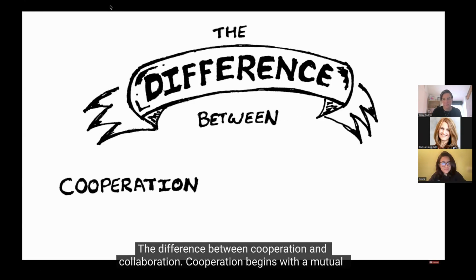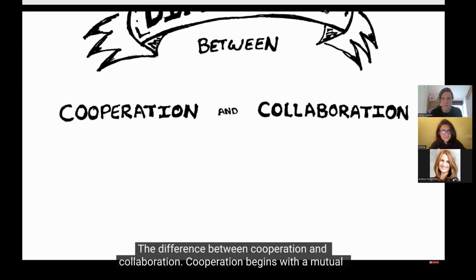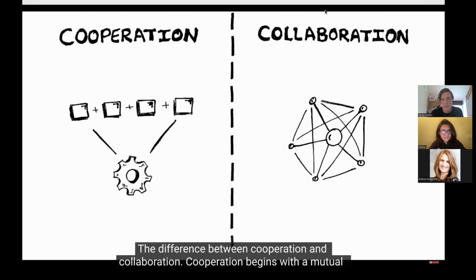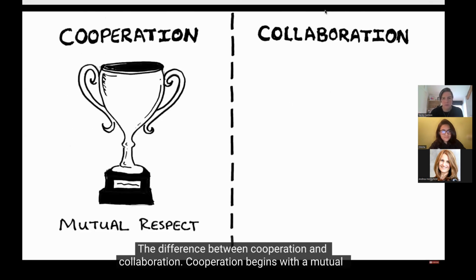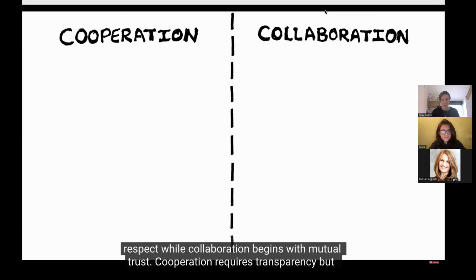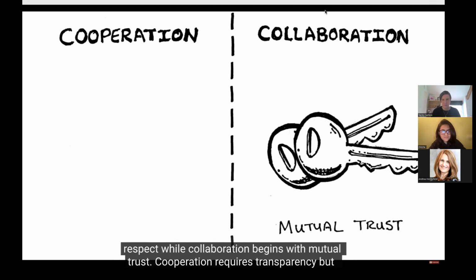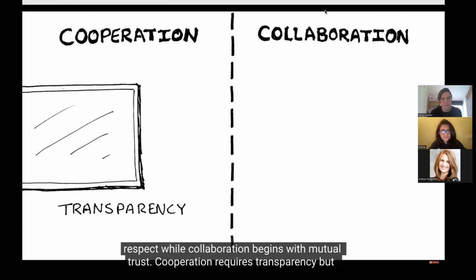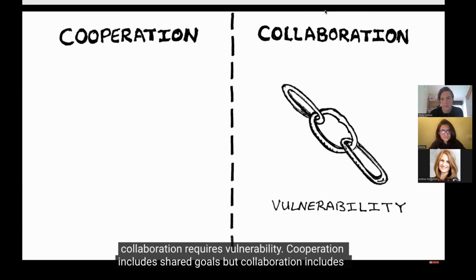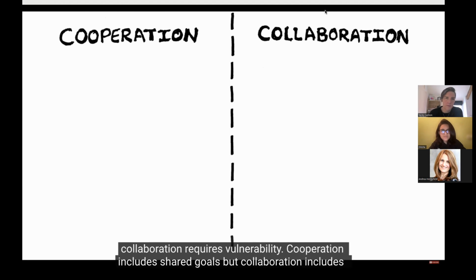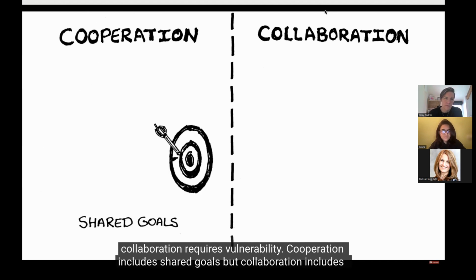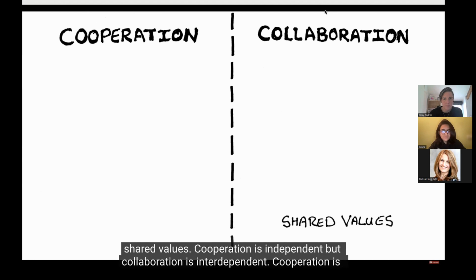The difference between cooperation and collaboration. Cooperation begins with mutual respect, while collaboration begins with mutual trust. Cooperation requires transparency, but collaboration requires vulnerability. Cooperation includes shared goals, but collaboration includes shared values.